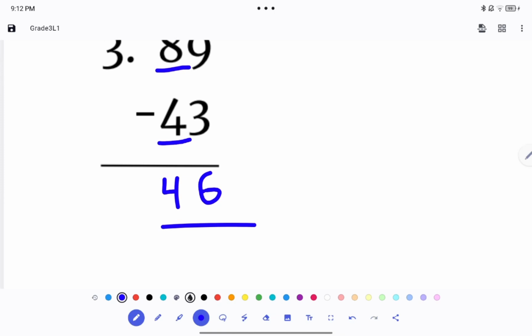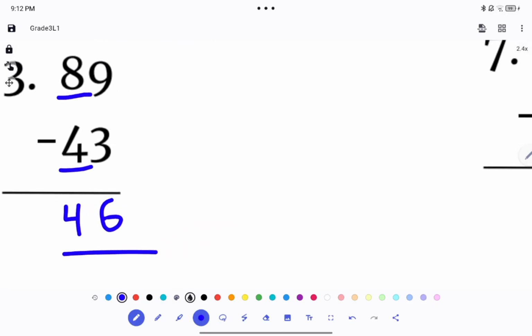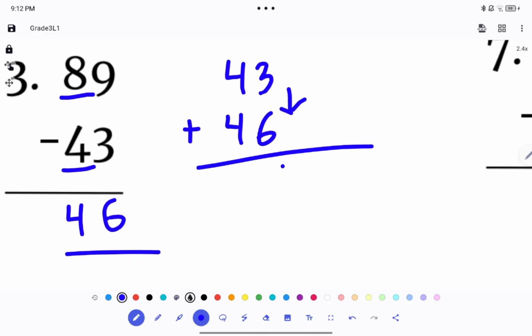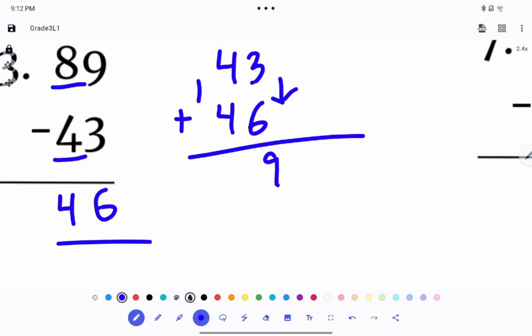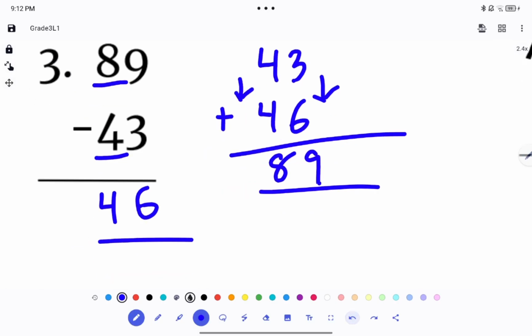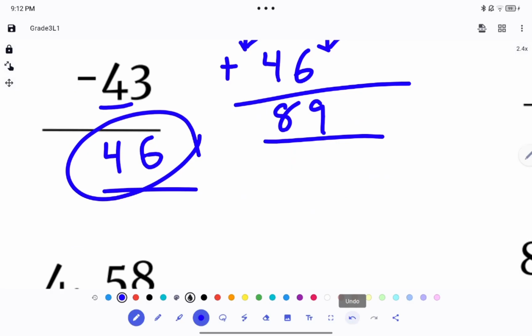As always, checking your answer with addition is your own business. But let's just do it really quickly, just make sure you know how the process goes. 43 plus 46 is equal to 3 plus 6, which is 9, and then 40 plus 40, 4 plus 4, which is equal to 8 in the tens column, which is 80. 89, our original number. So we can know that this answer is right.